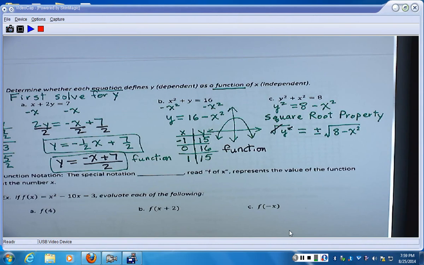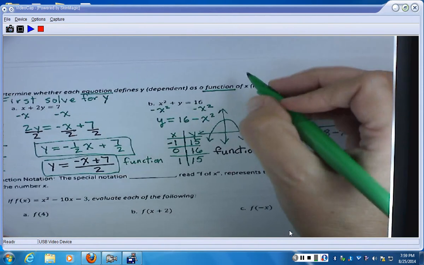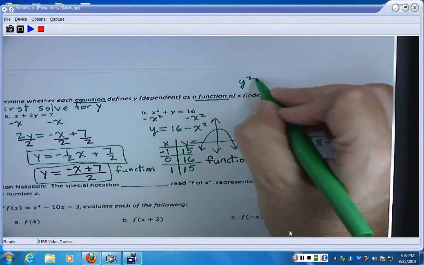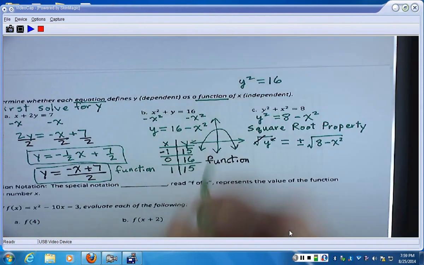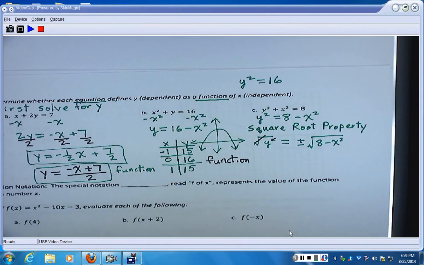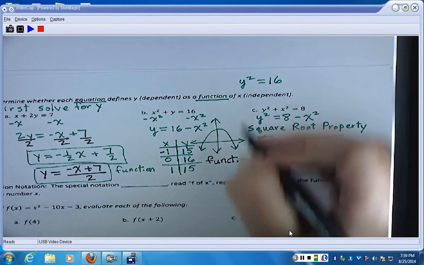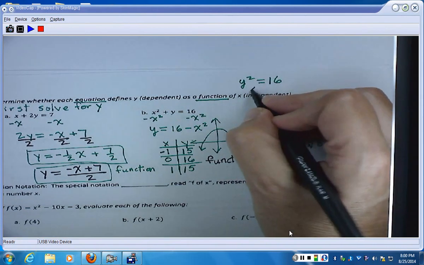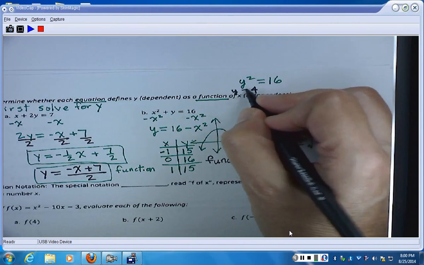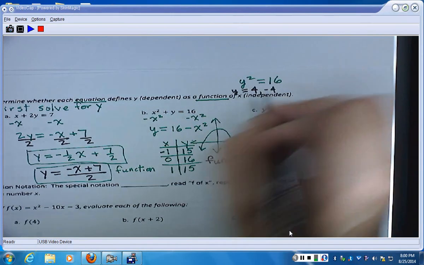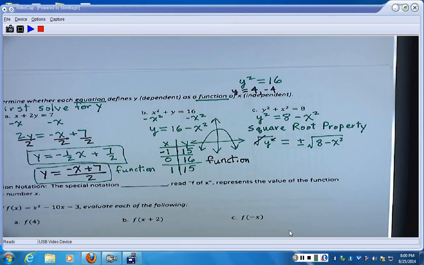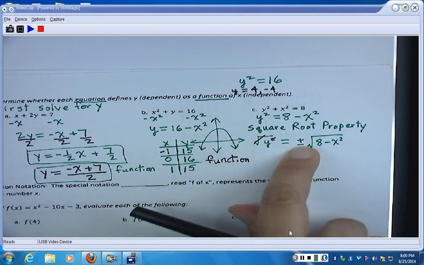Well, if you know that y squared equals 16, what can y be? y can be 4 or negative 4. Because if we take negative 4 and we square that, we get positive 16. So that's why we have to do plus or minus here.